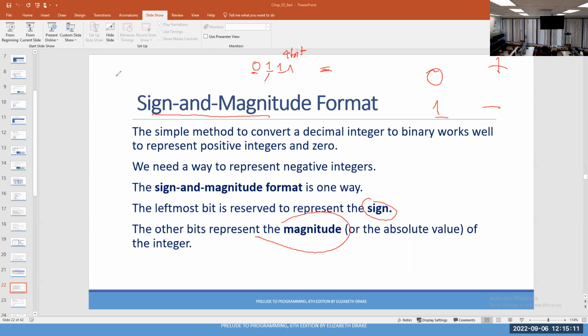Now this one is 4, this one is 2, and this one is 1, and when you add them up together, you have positive 7.